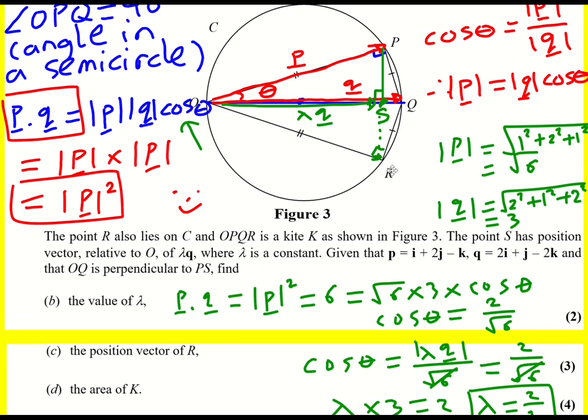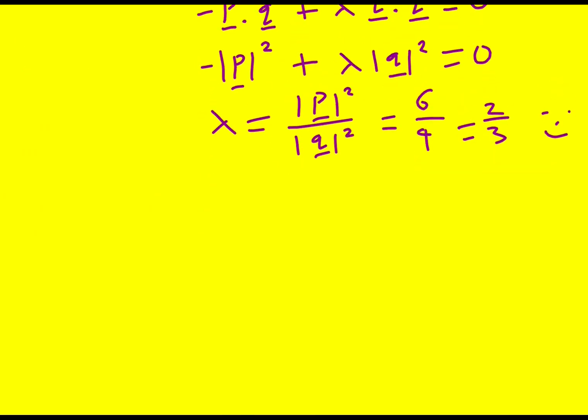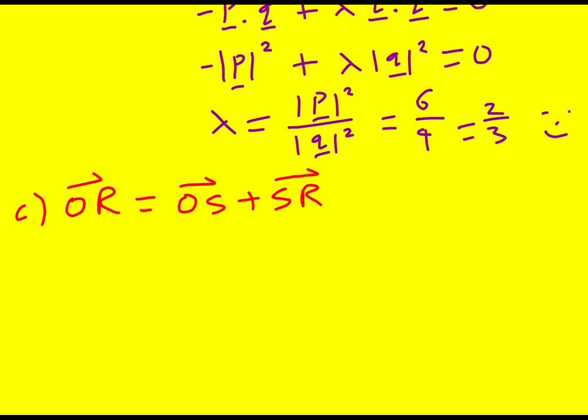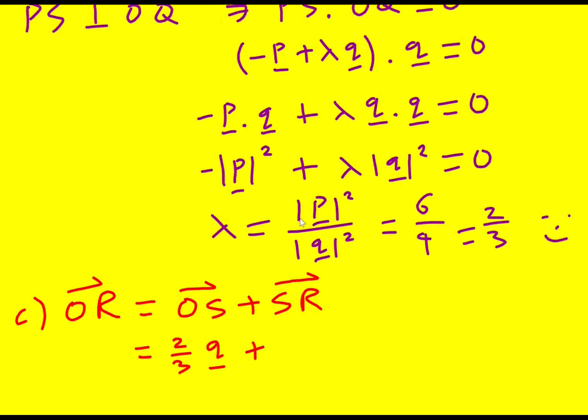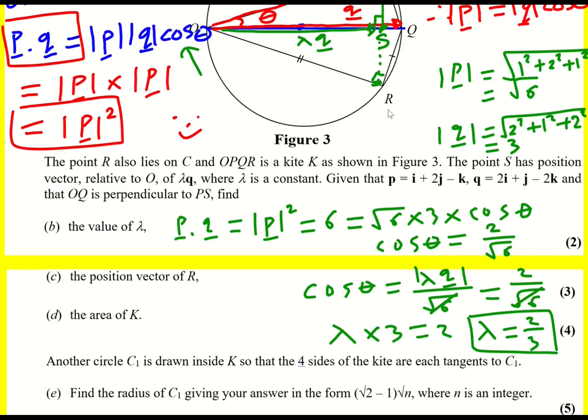We can get OR as a vector by going OS and then adding SR. Now OS, remember, is lambda Q, so it's going to be 2/3 times Q plus SR, and SR is exactly the same as PS.